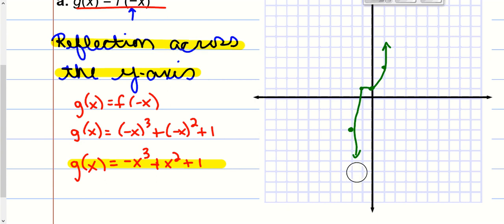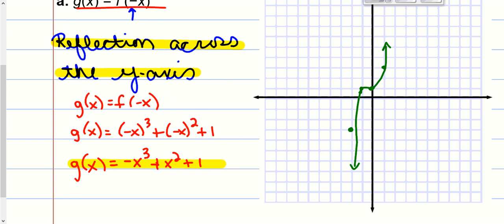Then let's redraw that left side there. That wasn't much better. Okay, now let's go ahead and draw the g of x.